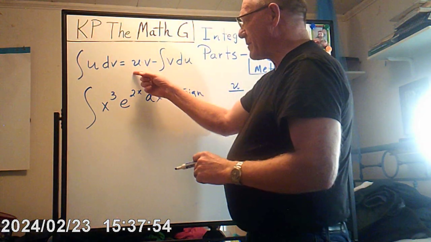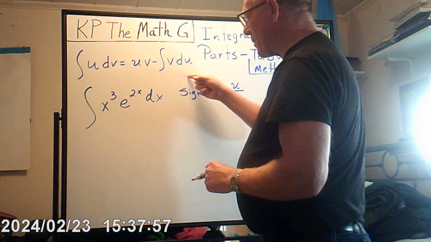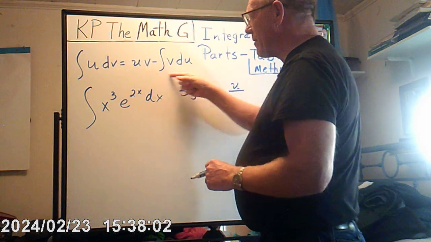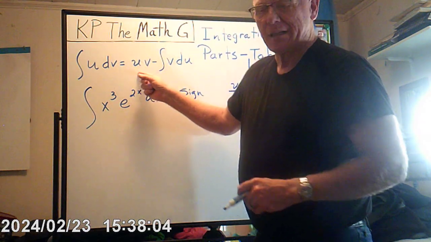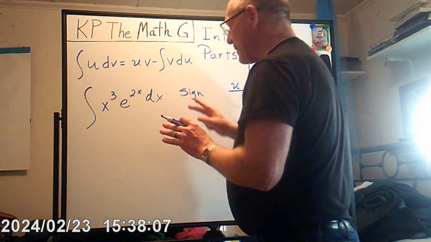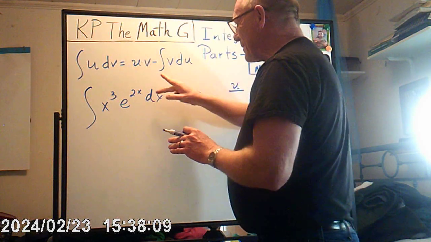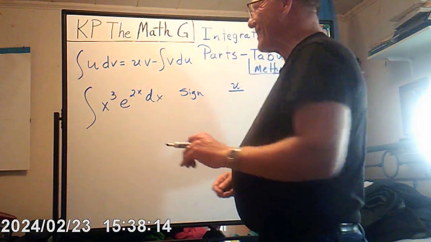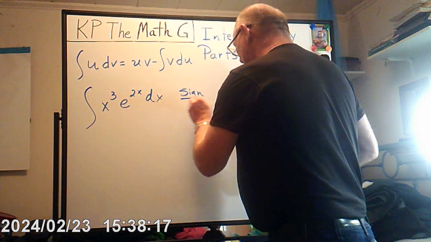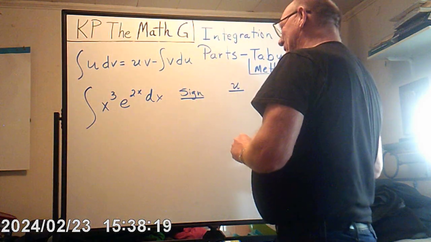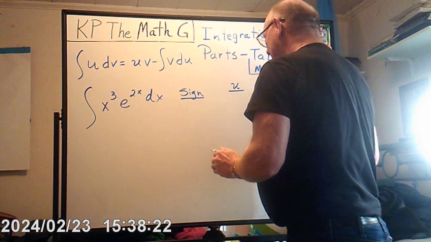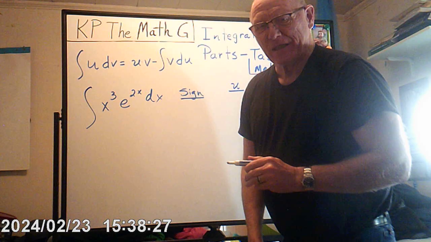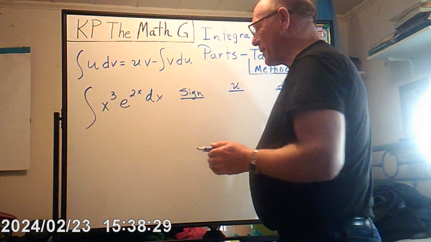It's going to look like this when we start, but we're using it indirectly, if you will. We're going to do this in a tabular way, and we don't have to actually let u be equal or dv be equal to anything so far.